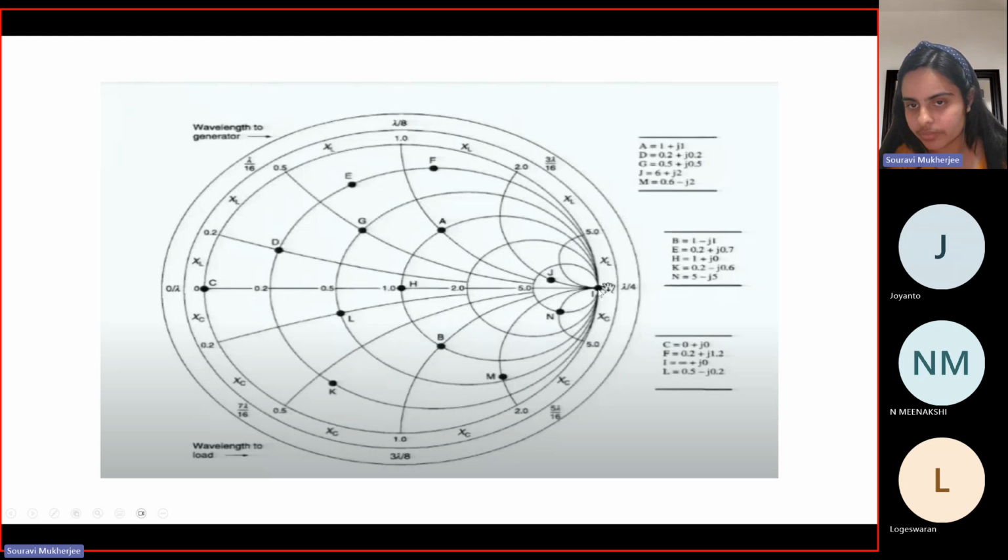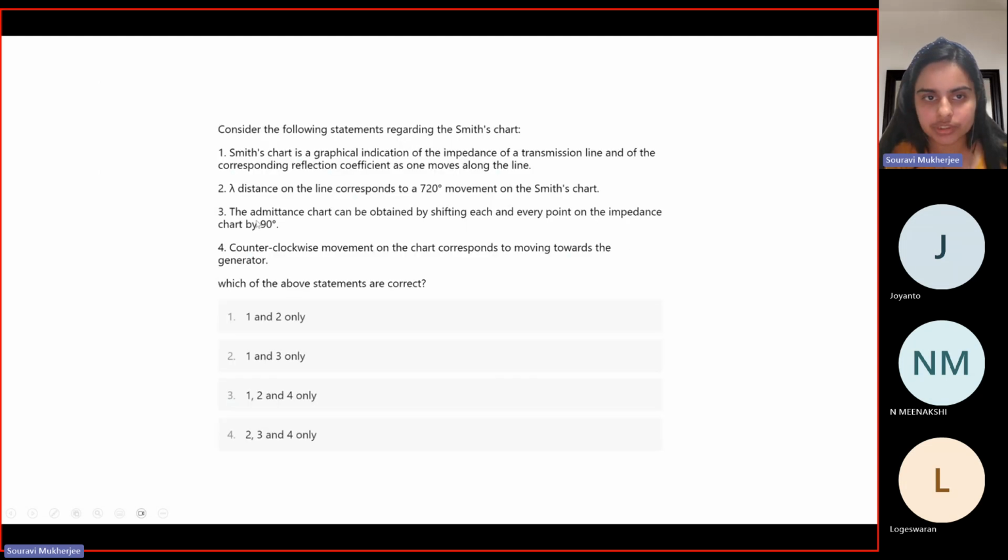There, this point will correspond to your short circuit point, while this will correspond to your open circuit point. So you have a shift from here to here, which, as you can graphically see, corresponds to a phase change of pi. Not 90, but 180. So here this is not correct. It should be 180 degrees.